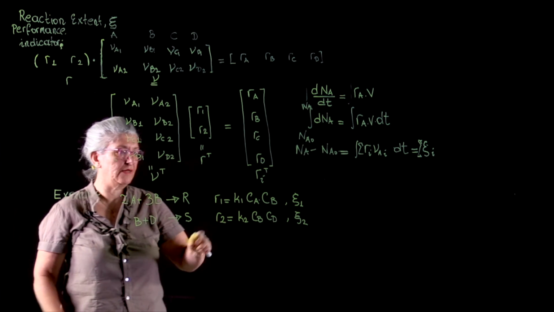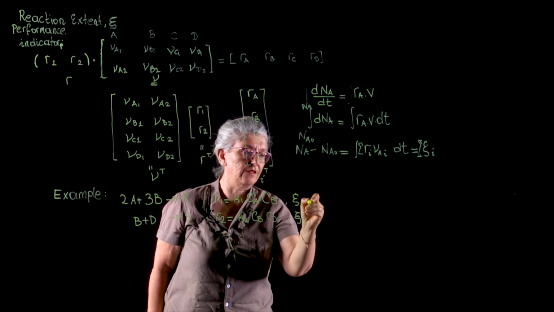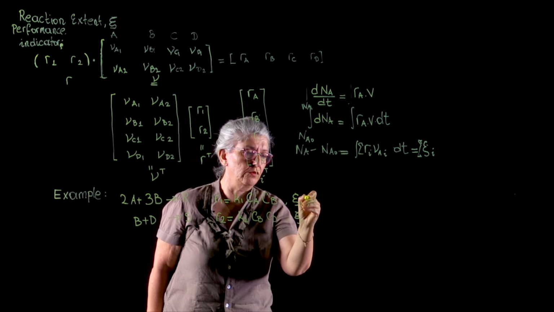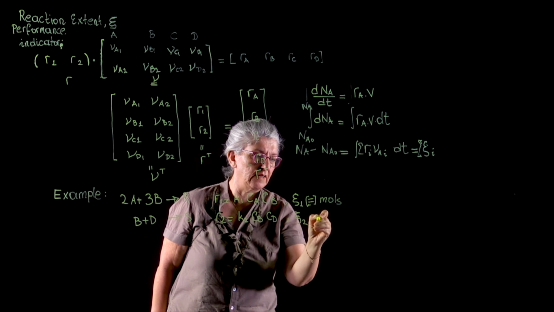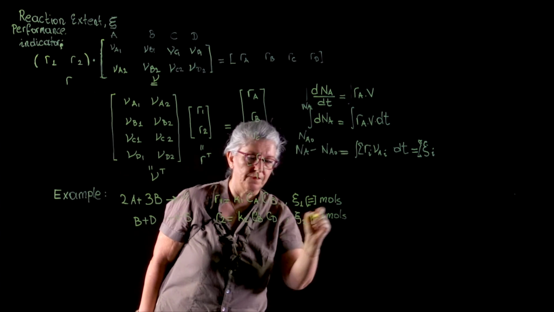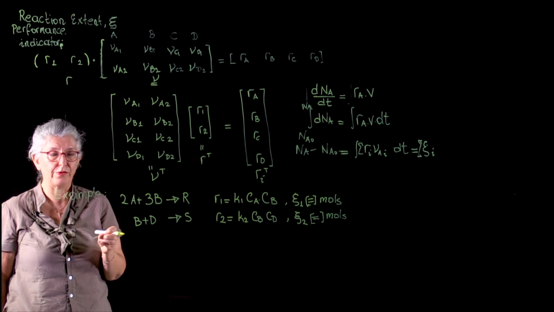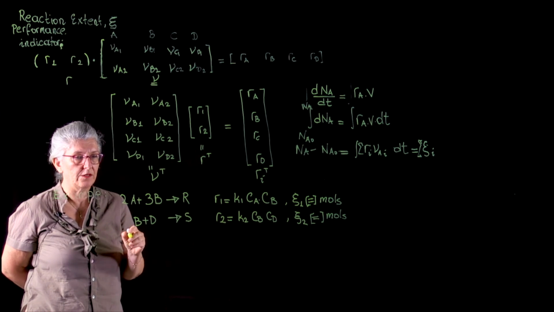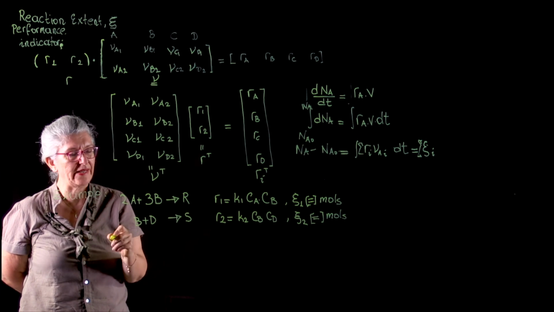So Xi1, just to be sure, has the units of moles, while R1 has the units of mole per volume per time. So let us write the overall balance equations.